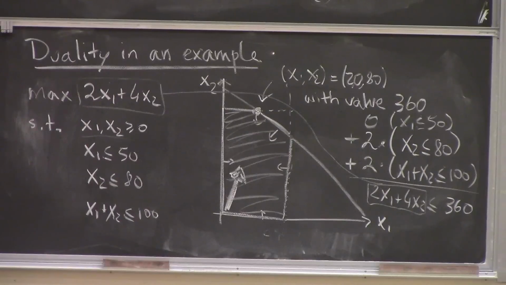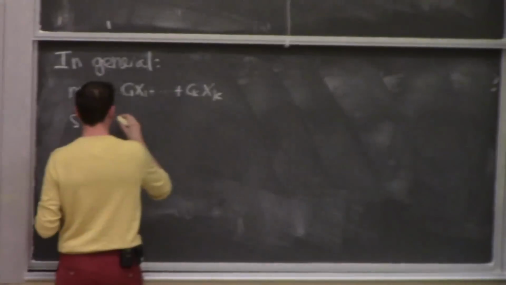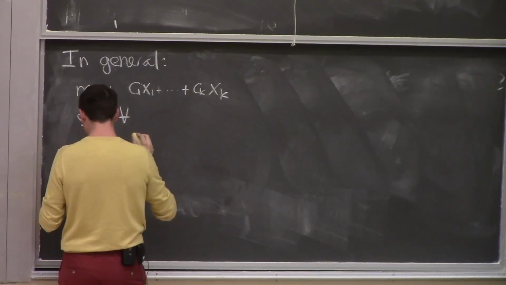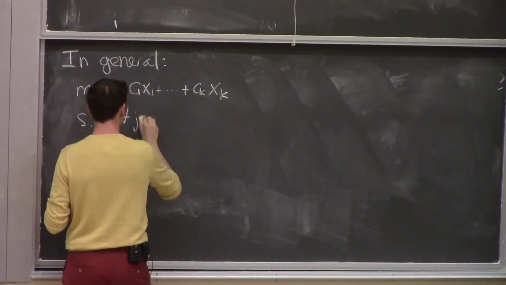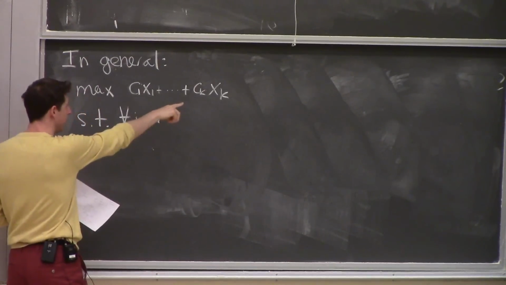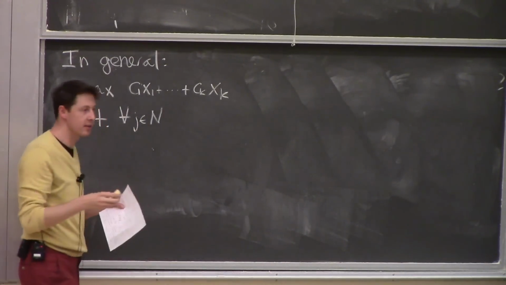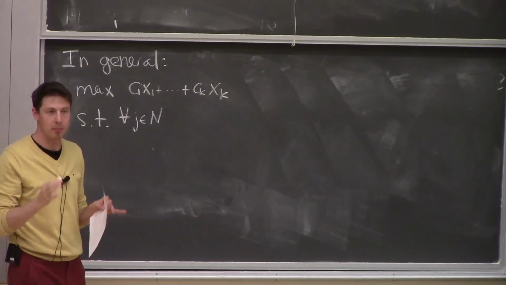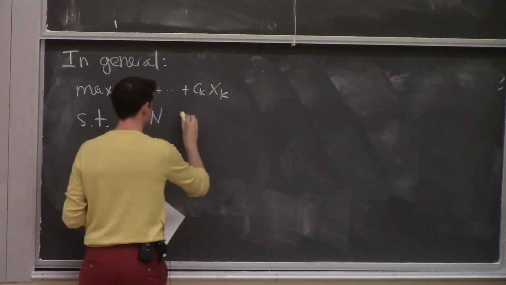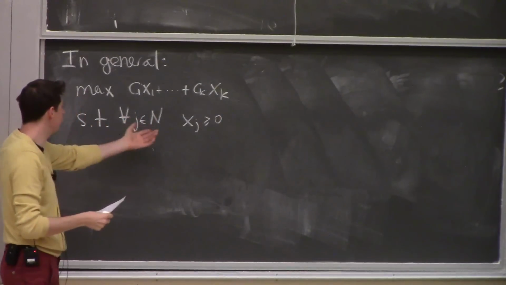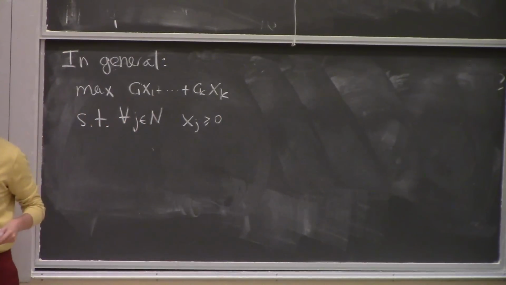So the way we're going to do it, we're going to say there is some set n, which is a subset of indices 1 through k that tells us which of the xj must be non-negative. This is the generalized first line, just like the one back there.